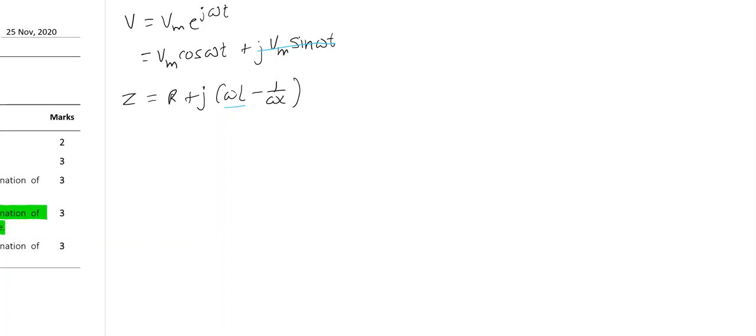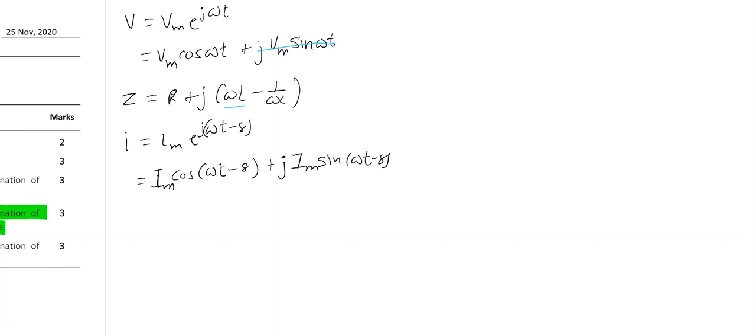And then we had the equation of current, I is equal to Im e raised to j omega t minus delta, and if we represent it in terms of real and imaginary parts, it is Im cos omega t minus delta plus j Im sin omega t minus delta.